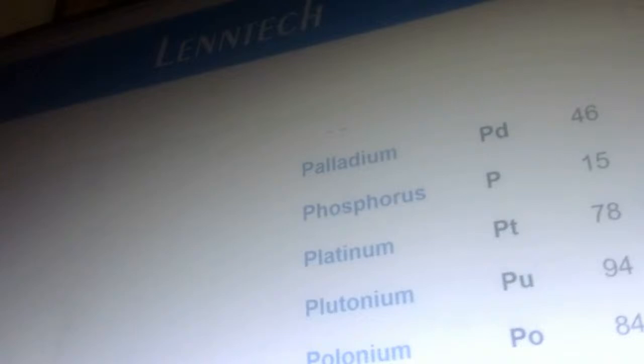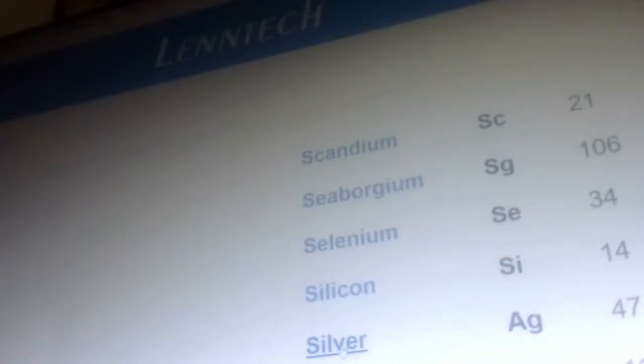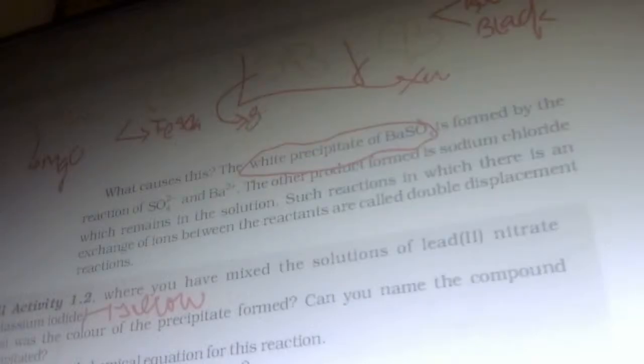Palladium. Silver. Is it silver? I think it's silver.